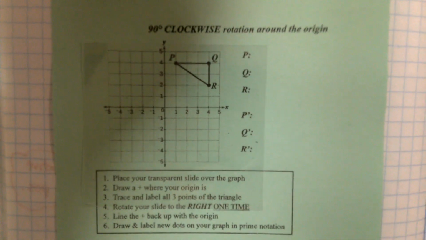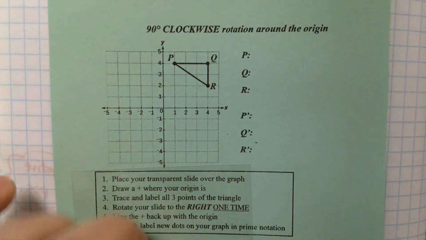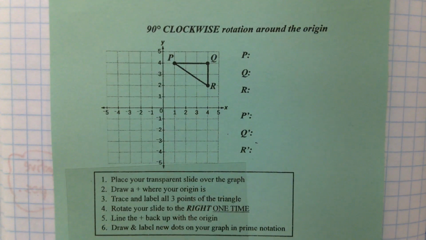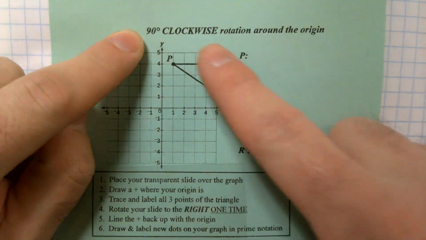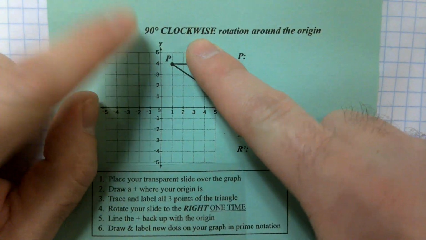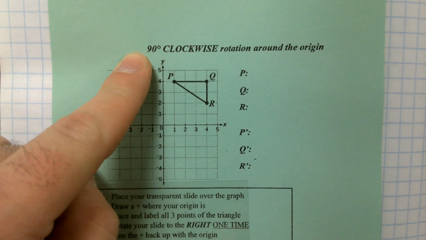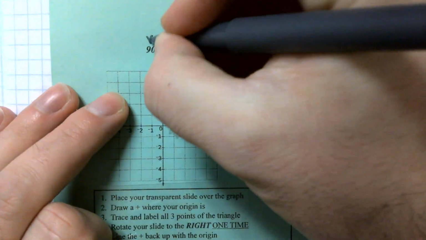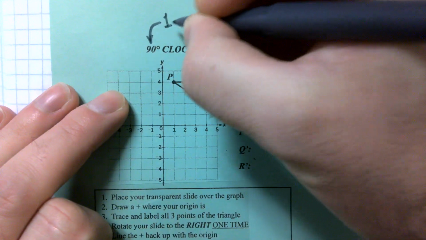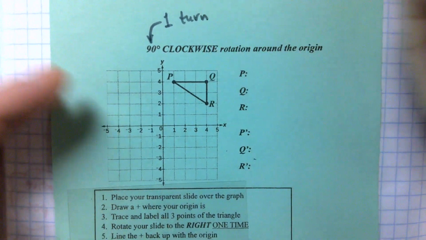So, we're going to talk about 3 different types of rotations. When I'm rotating something, I have 2 things. I have a degree and I have a direction. Okay? What does this right here say? What number is that? 90. 90 degrees. What 90 degrees tells me is that I'm doing 1 turn.